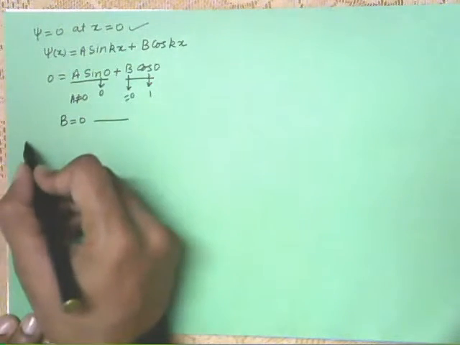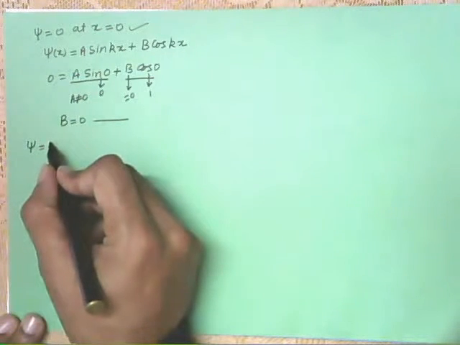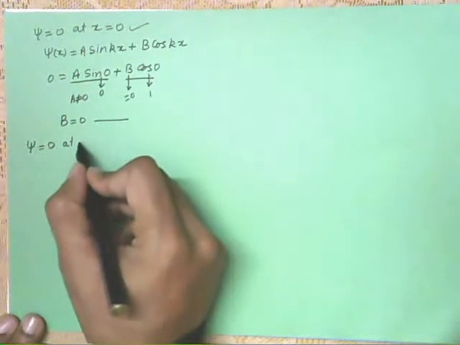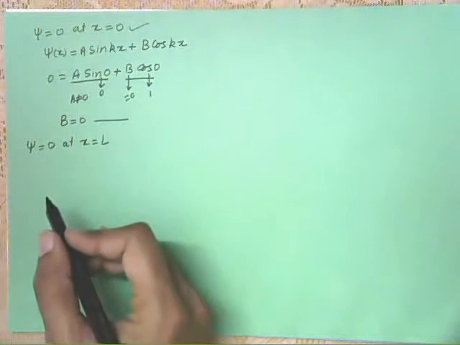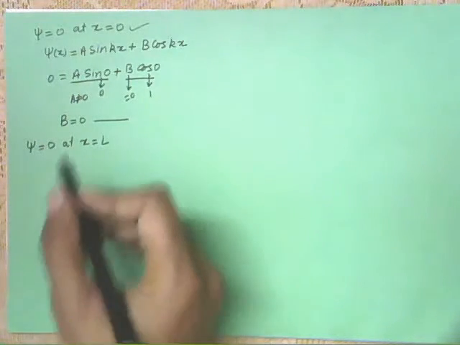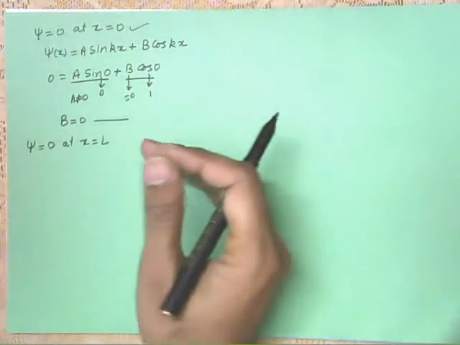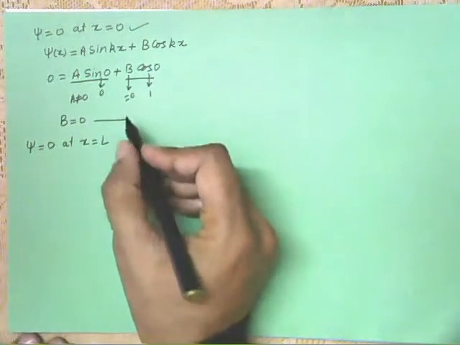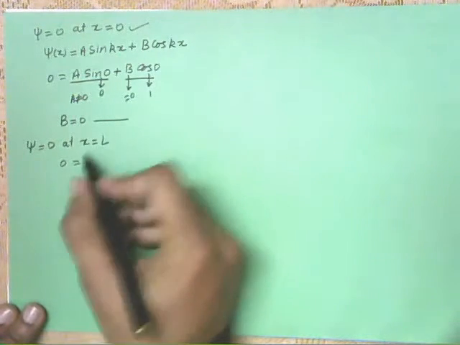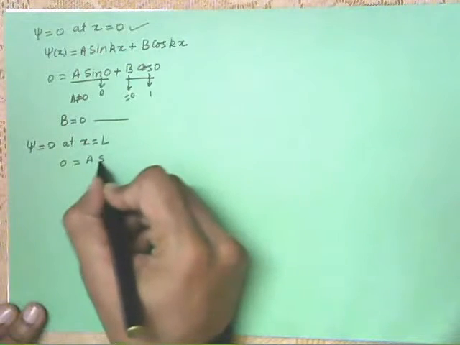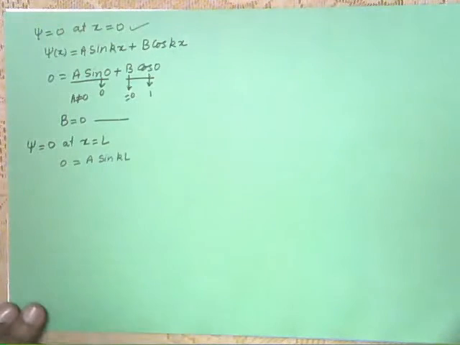Now applying the second boundary condition, when x = L, at that time ψ = 0, and hence the wave function becomes 0 = A sin kL.